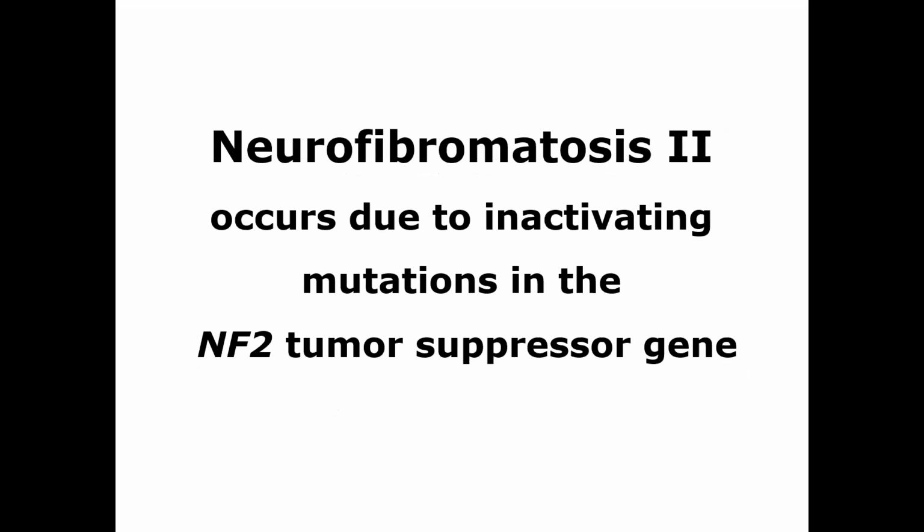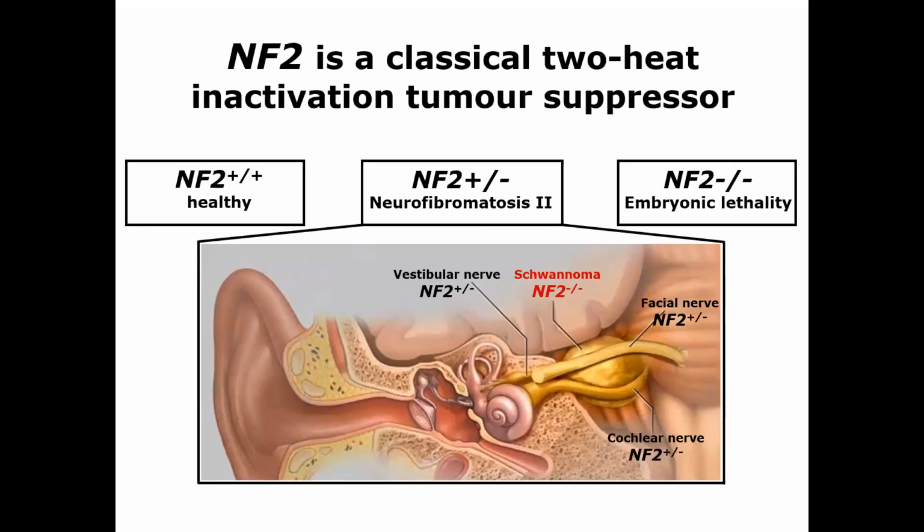So what is the etiology of neurofibromatosis type 2? This disease occurs due to inactivating mutations in the NF2 tumor suppressor gene. So it's a monogenic, single gene disease. It is inherited in an autosomal dominant way, and NF2 is a classical 2-hit inactivation tumor suppressor.